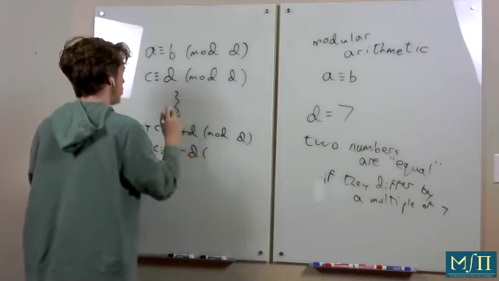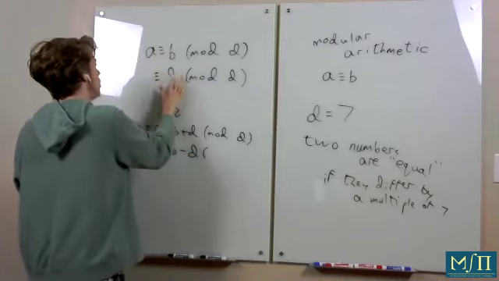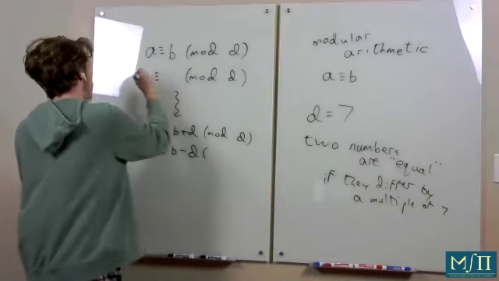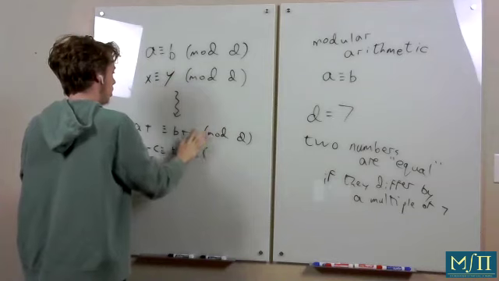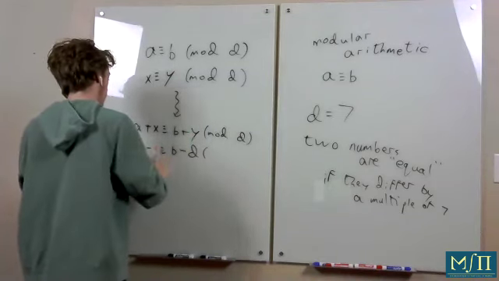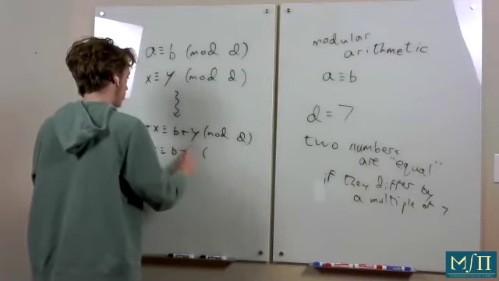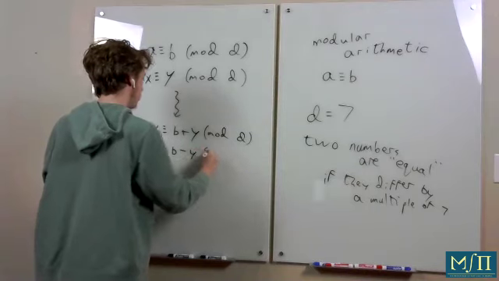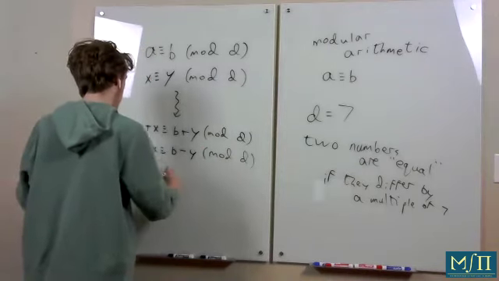Oh, I shouldn't use D for that. X and Y. And their products are also congruent.